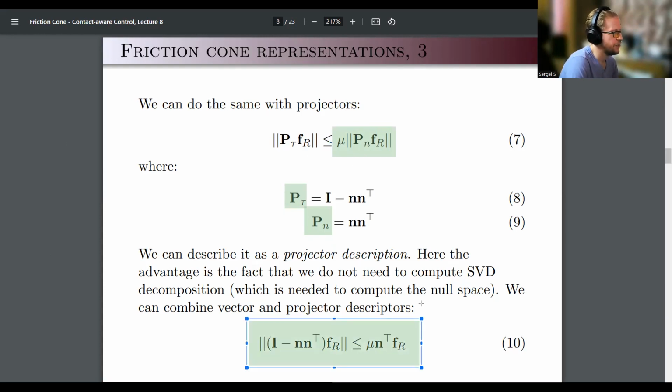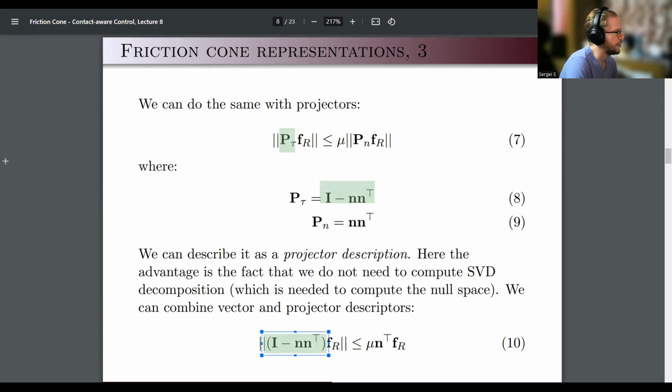What is the description? Well, p tau here is being preserved. But now the right-hand side is directly from the previous slide, just a dot product. Notice here we don't have SVD and we only have one norm. So in fact, this is maybe the most economical description that we have.